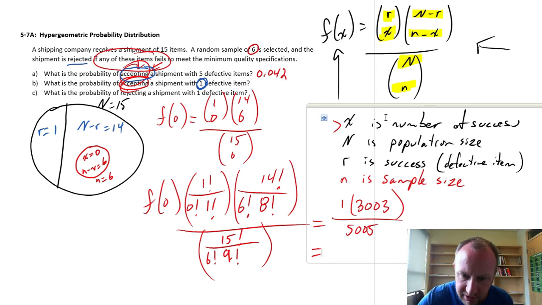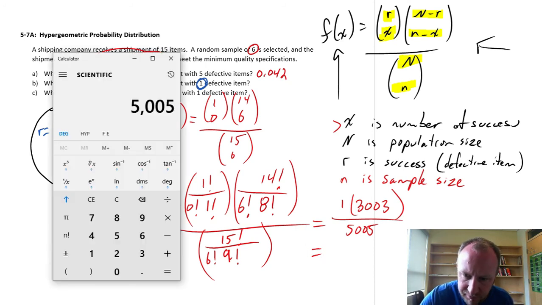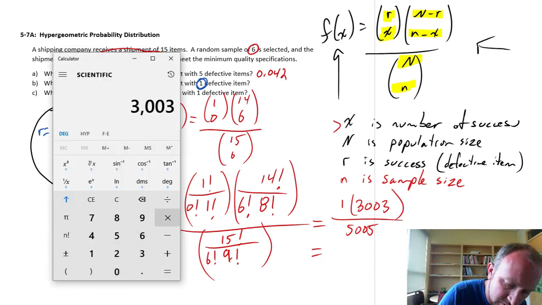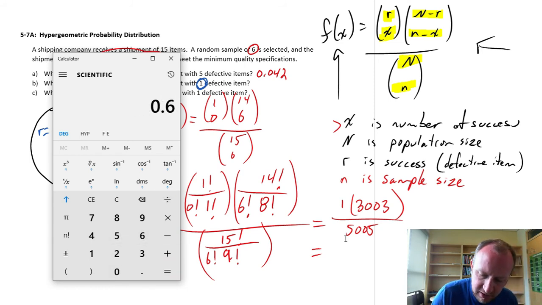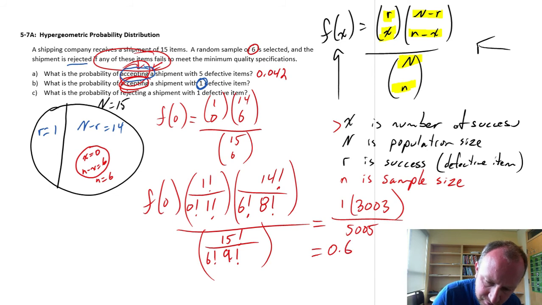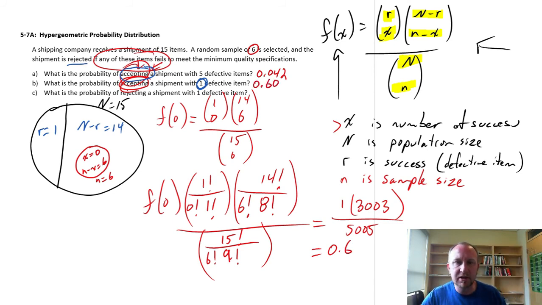So now 3003 divided by 5005, 0.6 would be our probability of accepting a shipment that has 1 defective item in it.